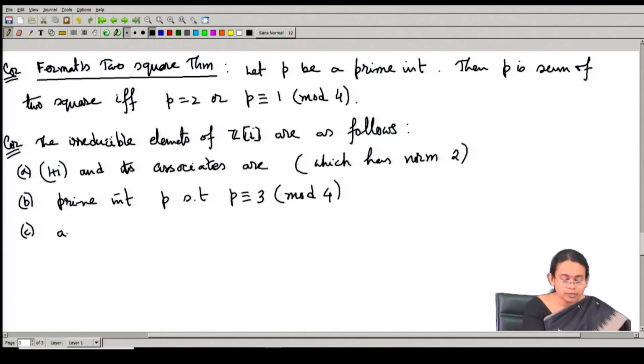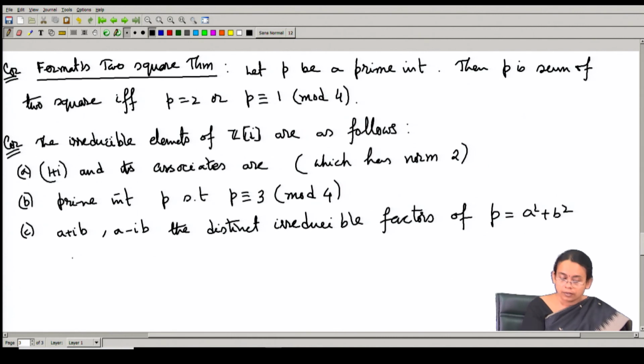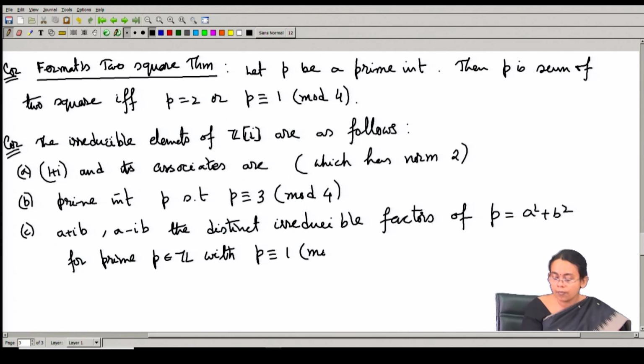And the last one is a plus ib and a minus ib, the distinct irreducible factors of this prime integer p, which can be written as a sum of two squares, for prime p in Z with p congruent to 1 mod 4.